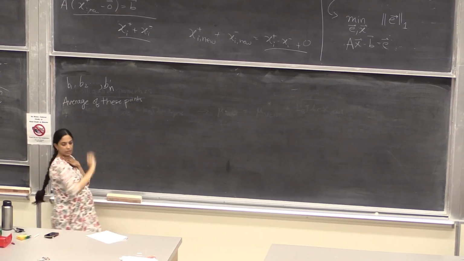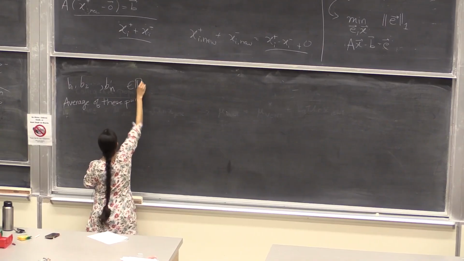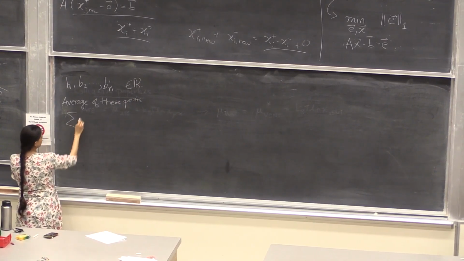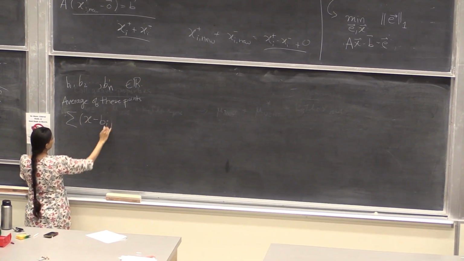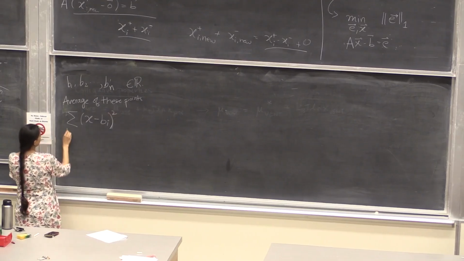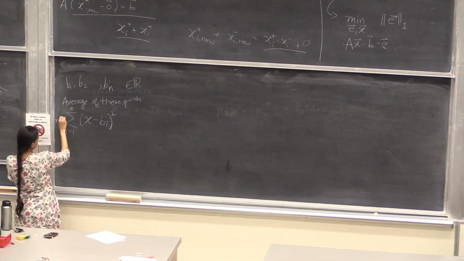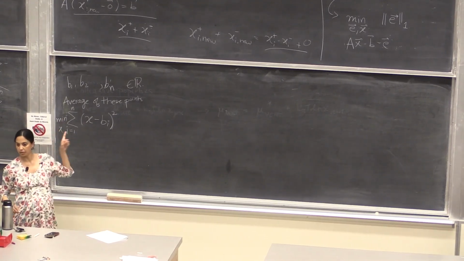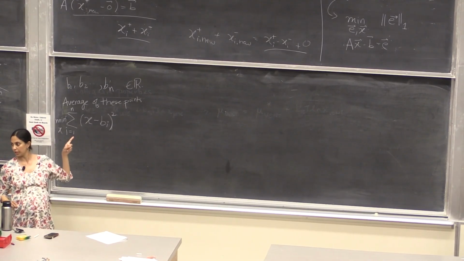Right, let's just say these are all scalars. These are real numbers. If I wanted to find the average of these points, I can write the following optimization problem, right? Find an x to minimize this, right? This is just a least squares problem for the scalar case. Everyone see that?